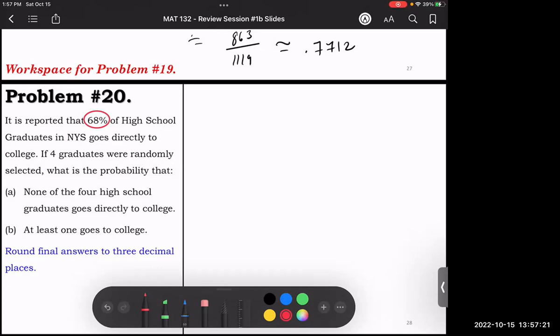Oh, yes, 0.68. All right, so if we want to get the probability, 0.68 would have meant the probability of A, right? I'll write it this way. The probability of one person, one graduate rather, goes to college.